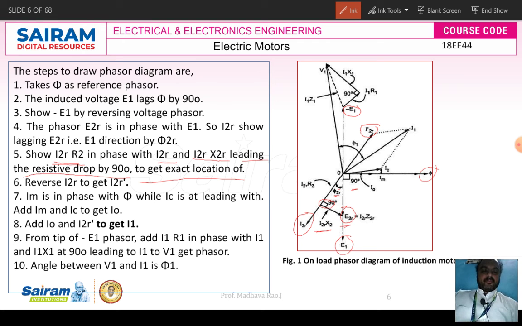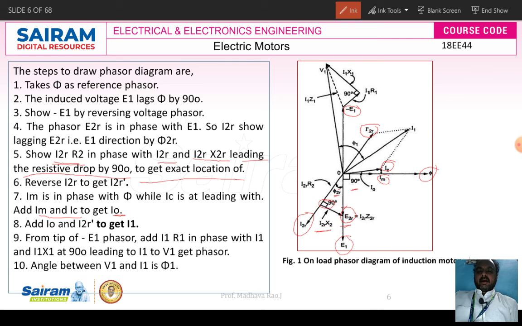Now Im, the magnetizing component current, is in phase with phi, and Ic, the working component current, leads the magnetizing current Im. If you do the phasor addition of Im and Ic, you will get I0, that is the no load current on the stator.